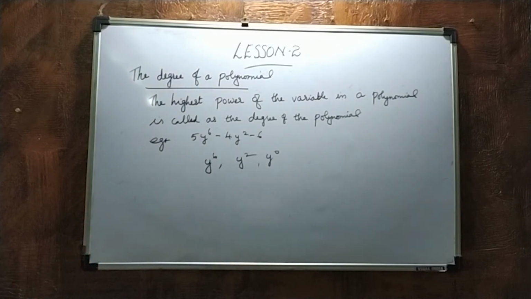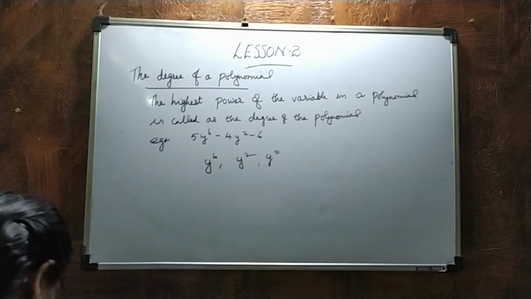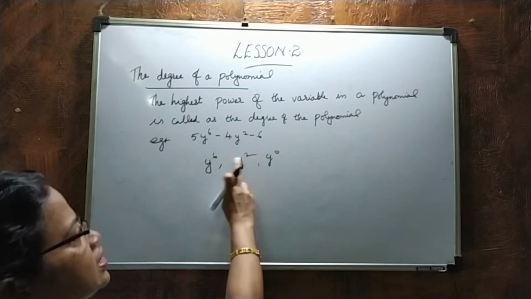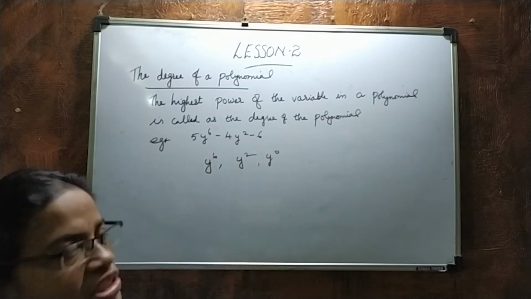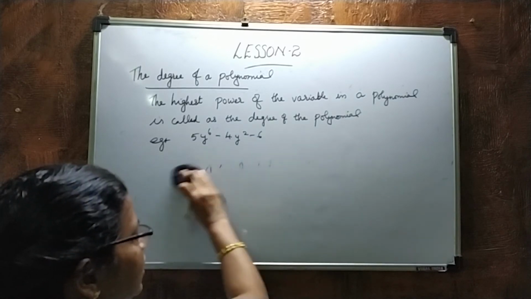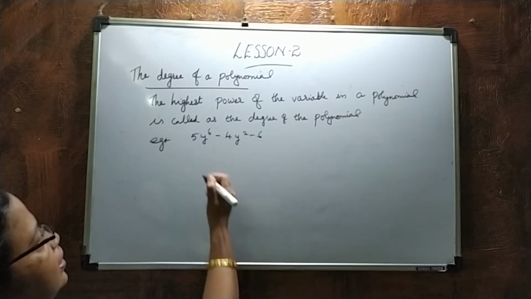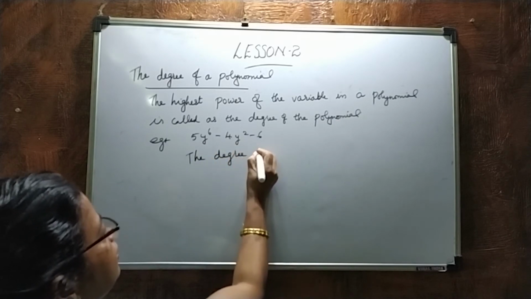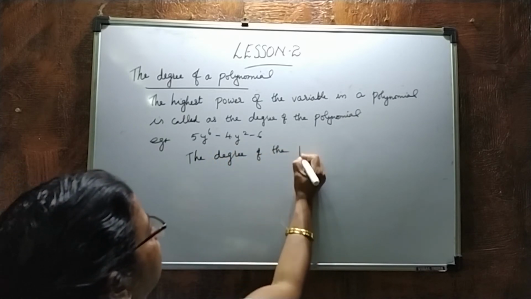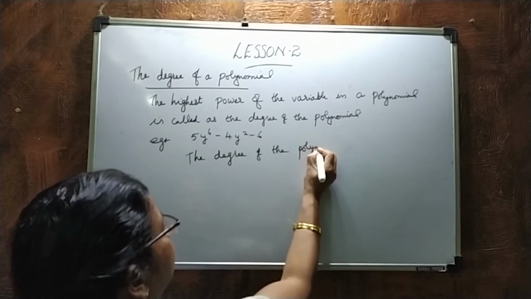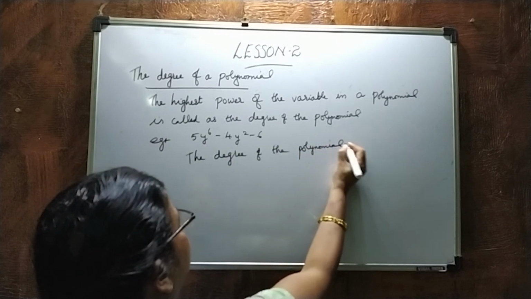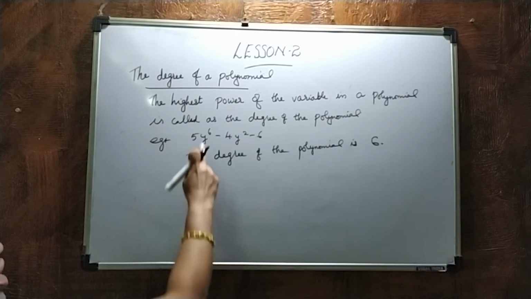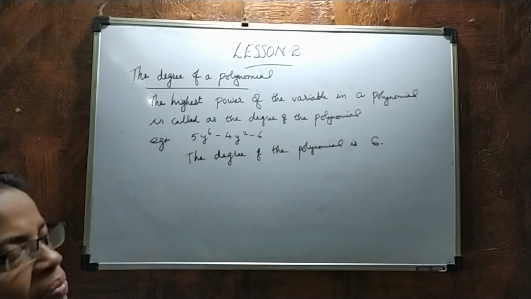The degree of the polynomial is 6. So we can say the highest power is 6, more than 2 and 0. Clear?